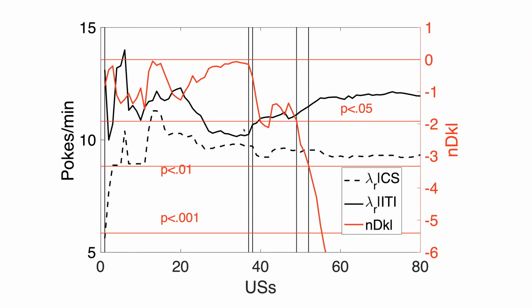Yeah, a little bit more. Okay, so 40 USs. All right, move to the right a little bit more. I can't see your pointer. Right, a little bit more, where the two intersect, the red and the black intersect. Right, there. Both an inflection point, yeah.